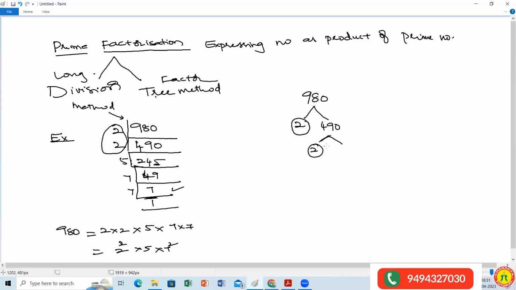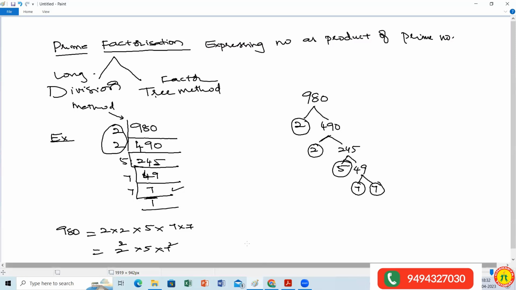Once again, 2 times 245. 2 is a prime number, so circle it. 245 is a composite number, so make further branches: 5 times 49. 5 is a prime number. 49 is a composite number, so break it up using branches: 7 7s are 49. 7 is a prime number. You can stop the division.